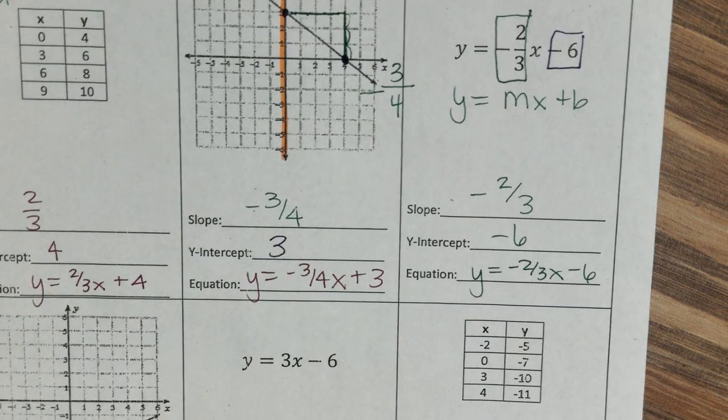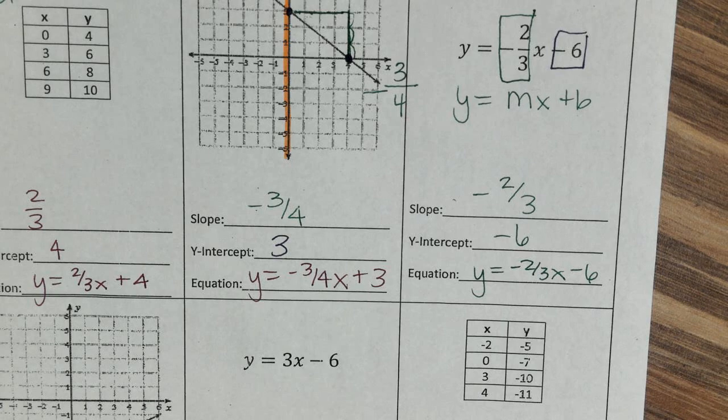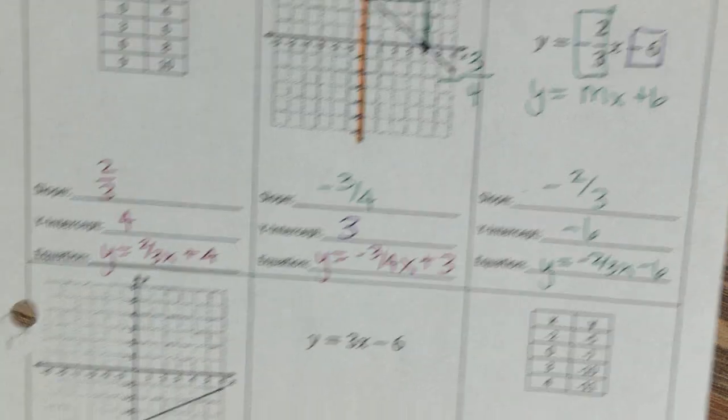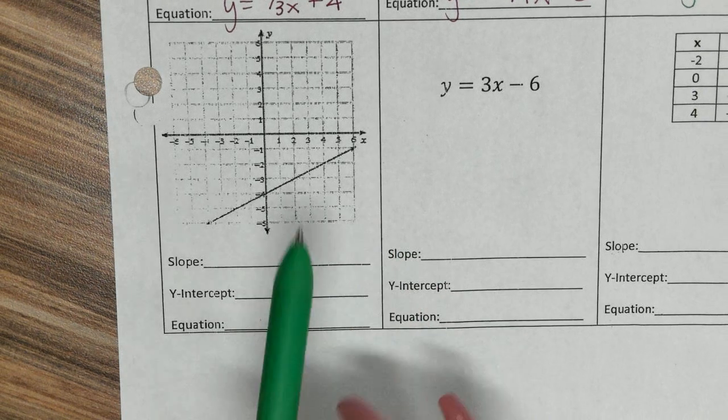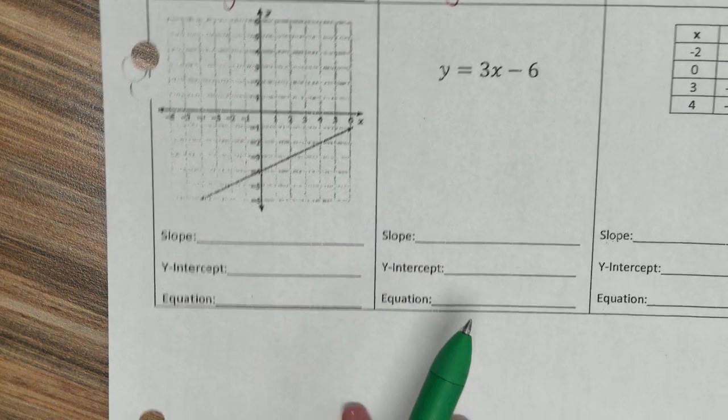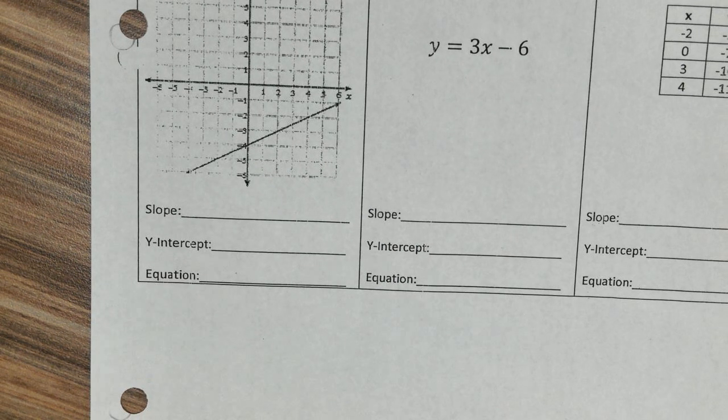Okay, I am going to give you 1 minute to do the next one on your own. You may either use stat or you may use rise over run. Do it on your own now.